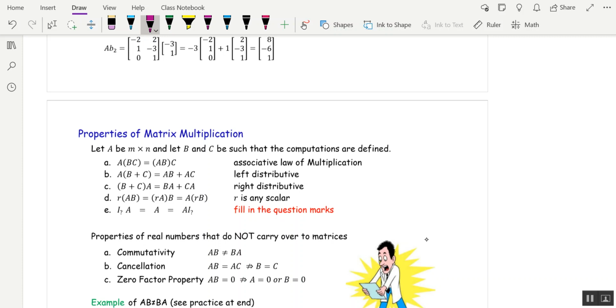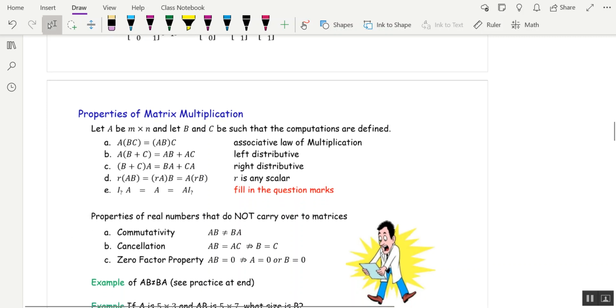So the big surprise there is that AB is not BA in general. So that's why it's missing from this list. What's important in this list is that you can do associative, you can do distributive as long as you're careful and just keep the order the same. Like you can distribute A to B and A to C. Just go AB, AC. You can't switch the order.